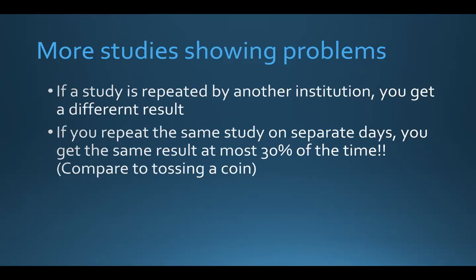Even in a better study, they use the same place, do the same study on different days, and look at the results. It's not the same. It's the same only 30% of the time. 70% of the time, it is different. Compare that to tossing a coin. You get it correct 50% of the time. So tossing a coin is, in a different way, more reliable than functional MRI.